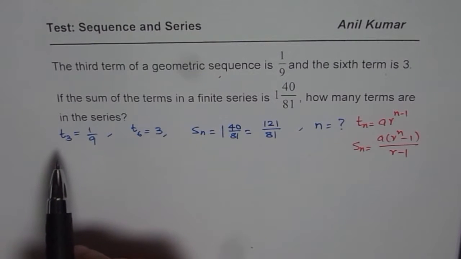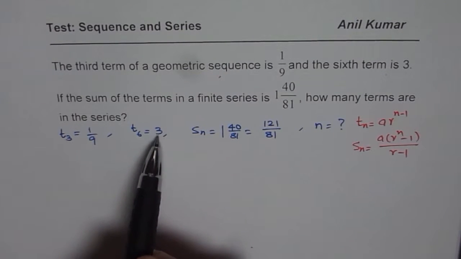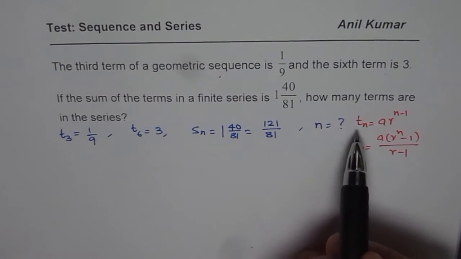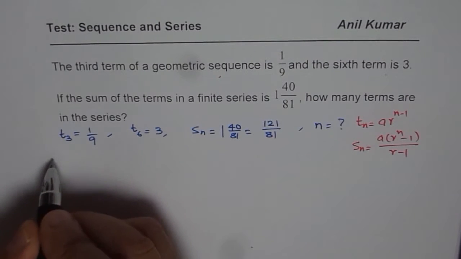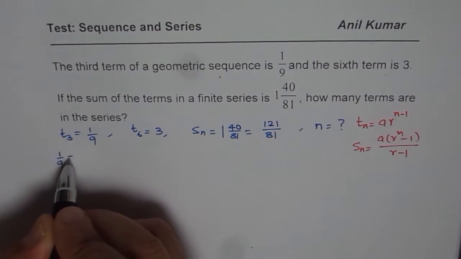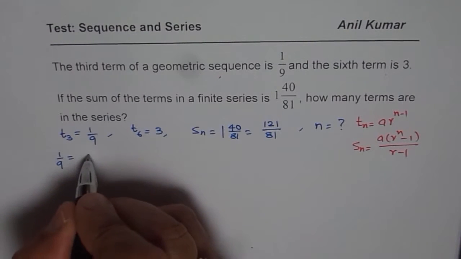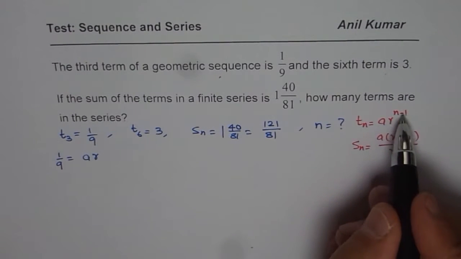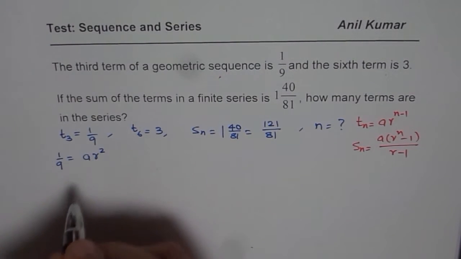Now here is the solution. When we say t3 is 1/9, t6 is 3, and we know tn is a r to the power of n minus 1, we can write 1/9 equals a r to the power of 3 minus 1. So I'm not writing 3 minus 1, I'm straight away writing r squared.